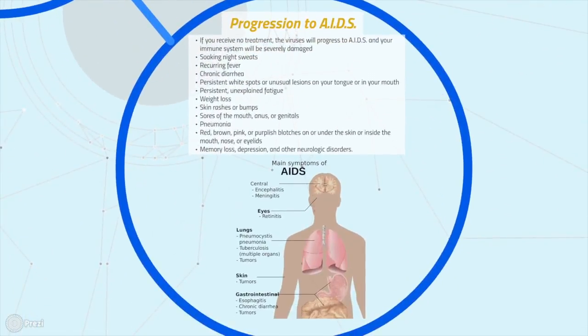Progression to AIDS. If you receive no treatment, the virus will progress to AIDS and your immune system will be severely damaged.